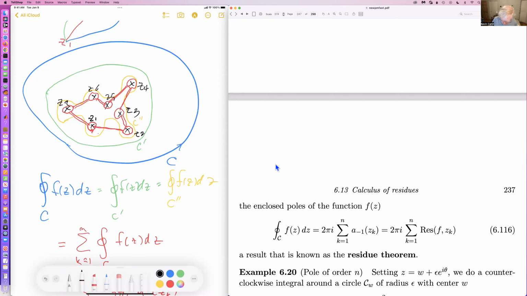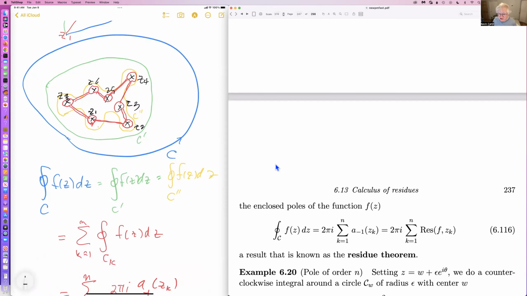So in this case, we have 7 of these, and n would be 7 in this particular case.